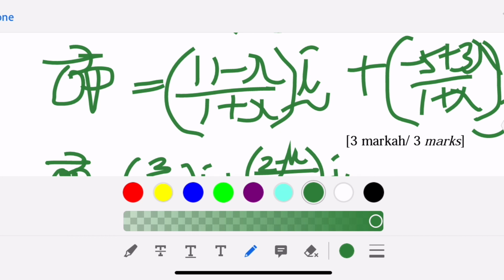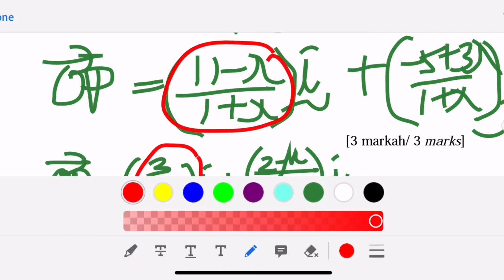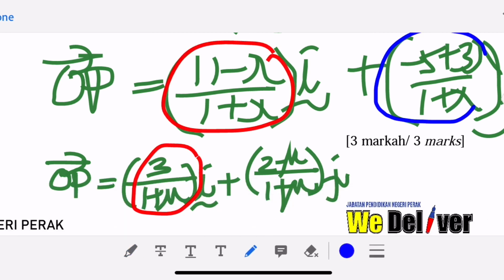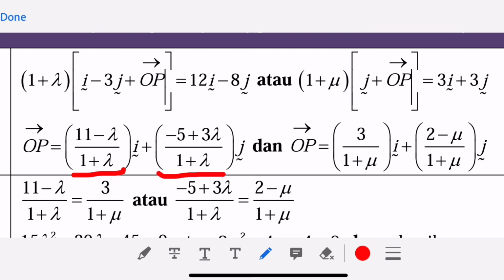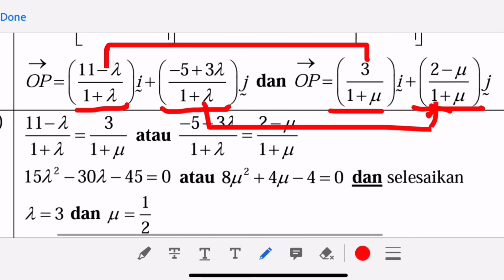We will say this component equals this, and this one equals this one. Wow, it looks very complicated. Now let's solve it. In terms of how many i and how many j, you have two equal OP vectors. So you can write two equations by comparing their scalar components.